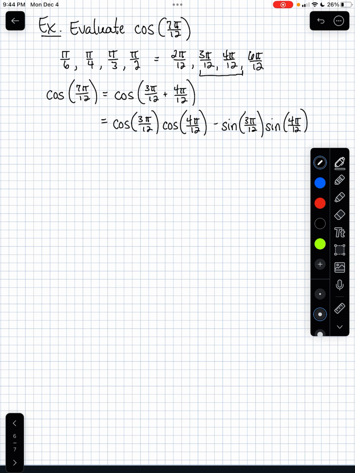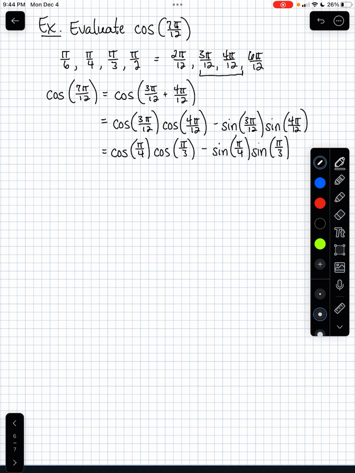Now, of course, I neglected to revert 3 pi over 12 and 4 pi over 12 to their original forms that are more recognizable, so I will do that now. 3 pi over 12 is really pi over 4. 4 pi over 12 is really pi over 3.